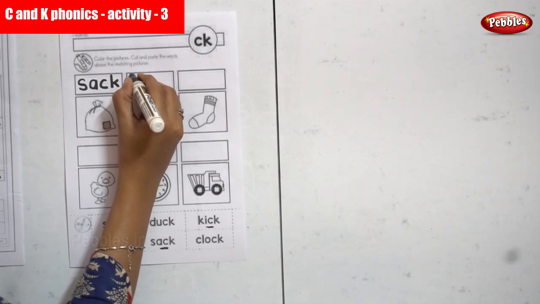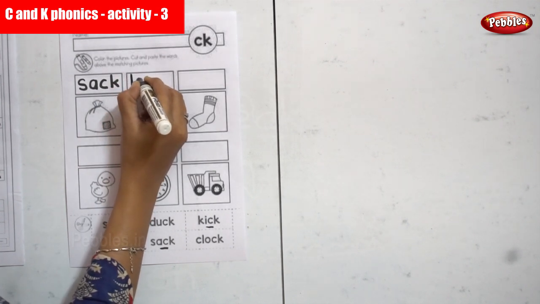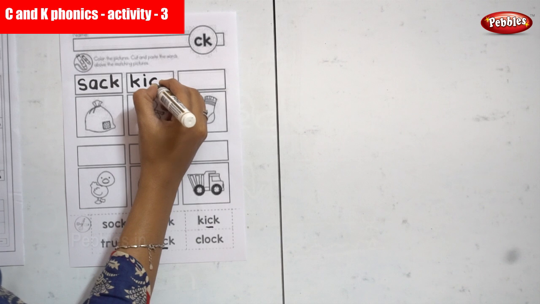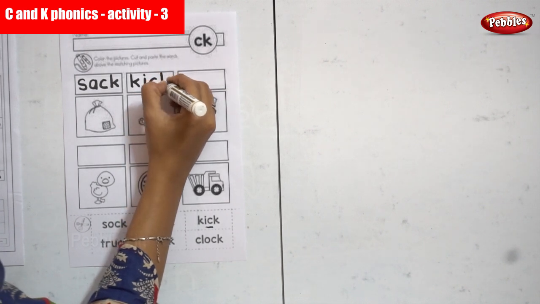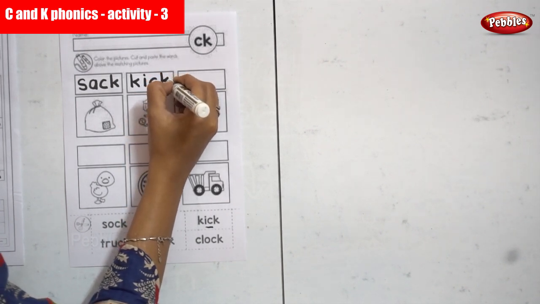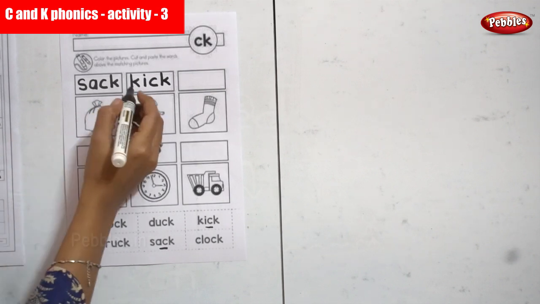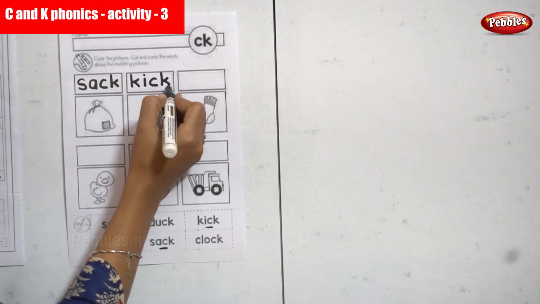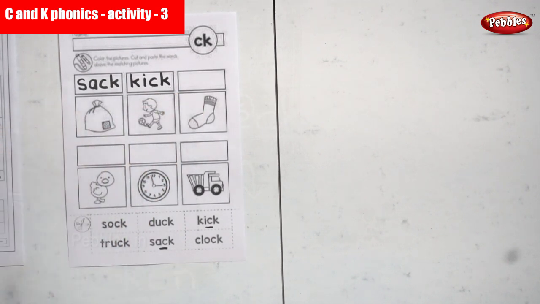Let's write the spelling for kick. K, I, C, K, kick. K I C K, kick.